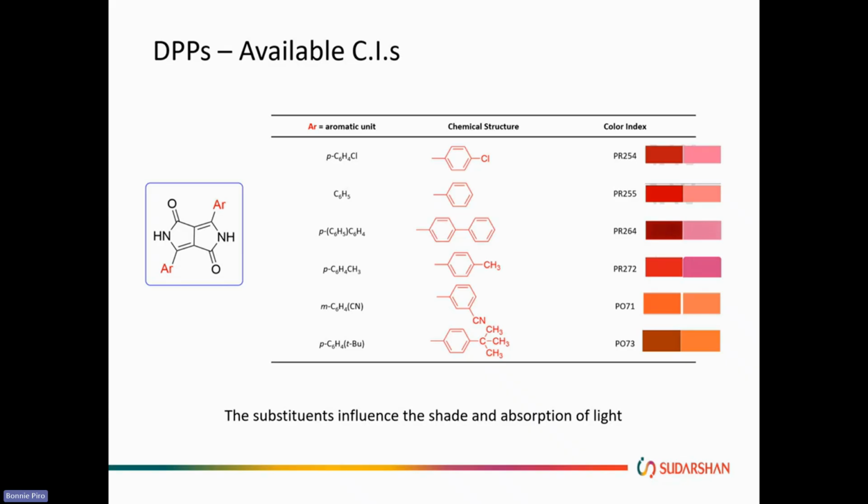Then you can see how the 255, 264 and the red 272 are created, and the aromatic units that are attached in those two locations off of the backbone. And then on the orange side, same idea here, same two locations on the backbone, and the aromatic units that are used to create those color indexes and those shades.